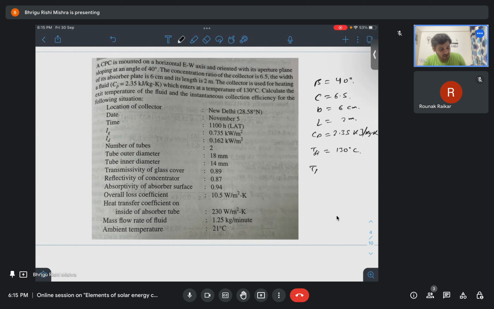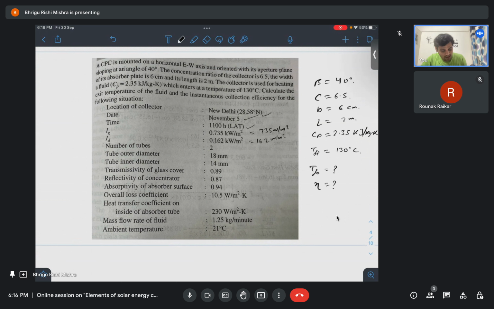So we need to calculate TFO and the instantaneous collection efficiency eta for the following situation. The location of the collector is New Delhi, date is November 5, time is 11 hour. Here Ig and Id are given: 735 watt per meter square and 162 watt per meter square.